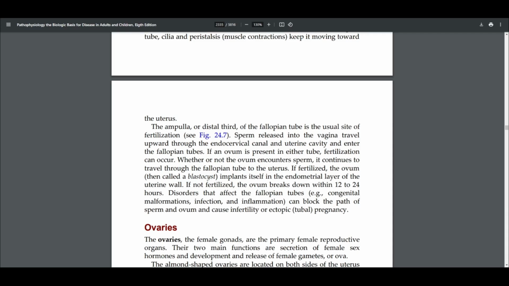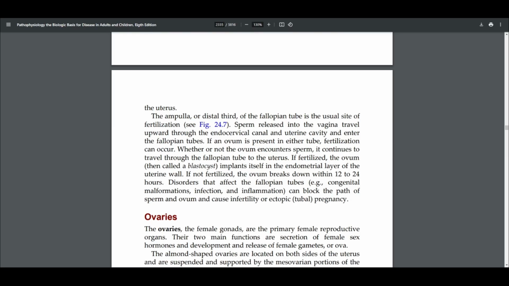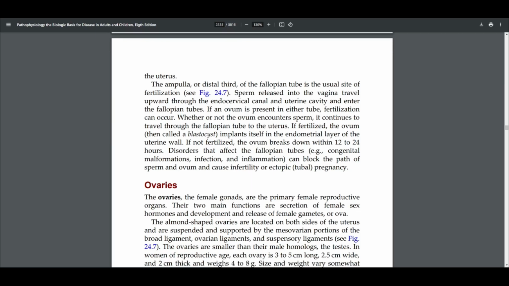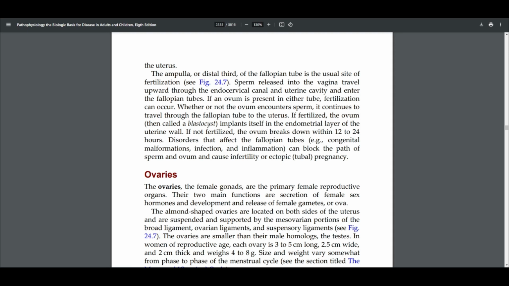Whether or not the ovum encounters sperm, it continues to travel through the fallopian tube to the uterus. If fertilized, the ovum implants itself in the endometrial layer of the uterine wall. If not fertilized, the ovum breaks down within 12 to 24 hours. Disorders that affect the fallopian tubes can block the path of sperm and ovum and cause infertility or ectopic pregnancies.